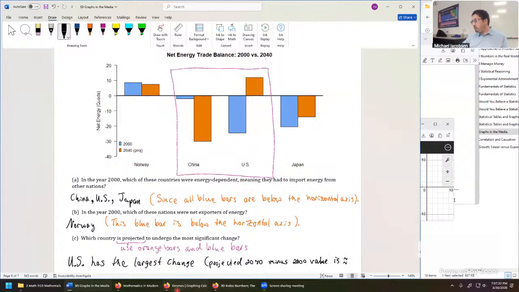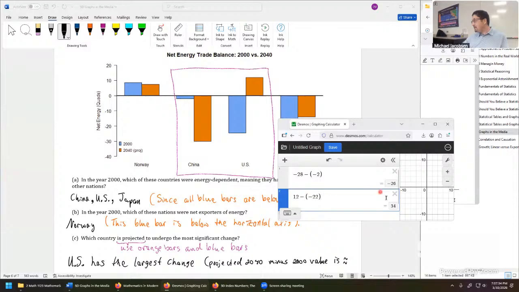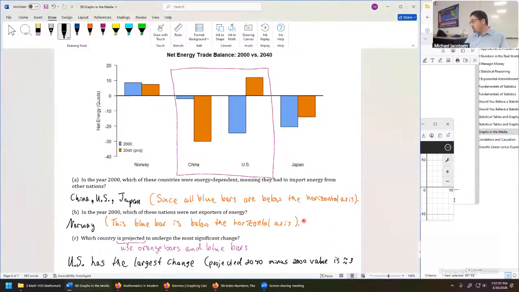We found that that's, through the quick calculator check, approximately 34, which is quite a lot larger than China altogether. So that means US has the largest change. China is the runner-up altogether.